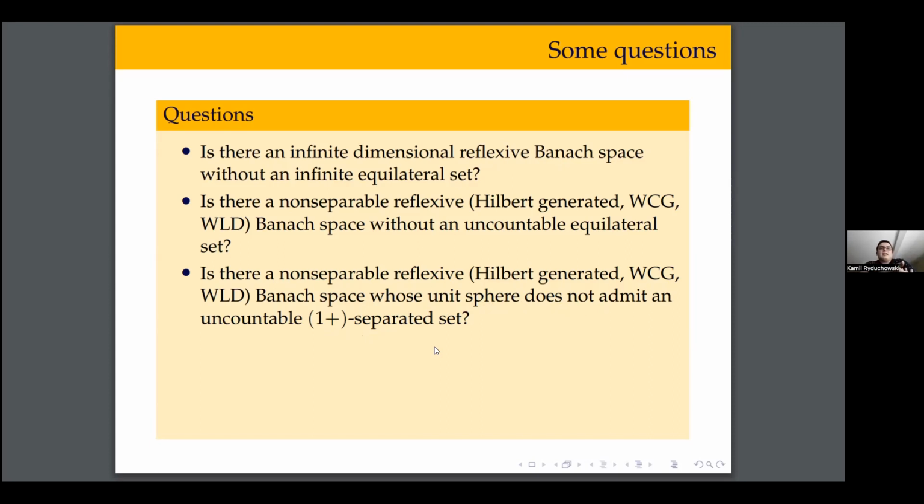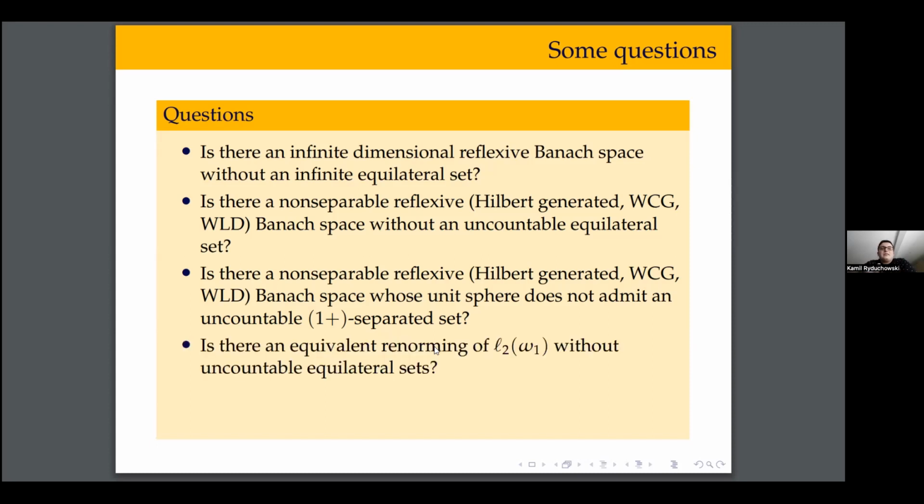And all the examples that do not have, there are some absolute examples in ZFC, for example in this paper by Guzman, Hruszak, and Koschmider, but they are not reflexive. So the question is about basically nice isomorphic properties.